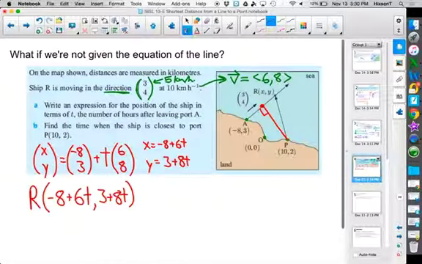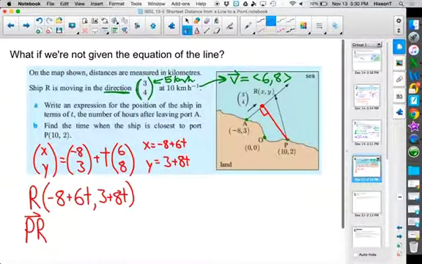So what's next? Find the vector from P to R. Okay.